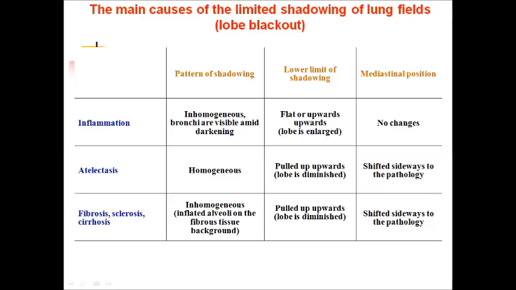The main causes of limited shadow of lung fields are inflammation, atelectasis, and fibrosis. This table will allow you to provide differential diagnosis of these 3 pathologies. First, pattern of shadowing. Usually, shadowing is inhomogeneous both in inflammation and fibrosis, and atelectasis presents homogeneous shadowing.